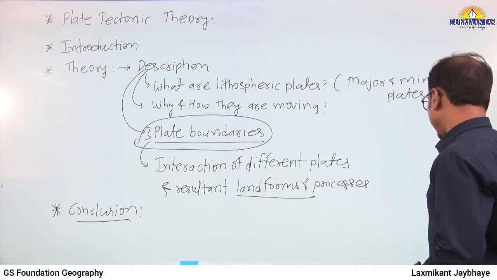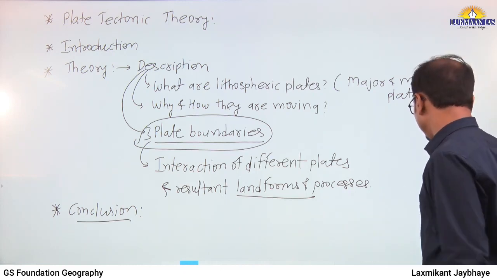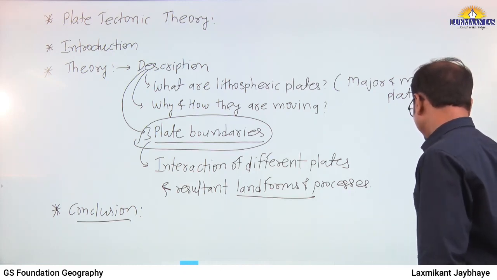Let us try to understand the concept today. Dictation we will take tomorrow. First of all, in introduction, like every other theory, we are giving some background. Here also in plate tectonic theory, what will we give as background?